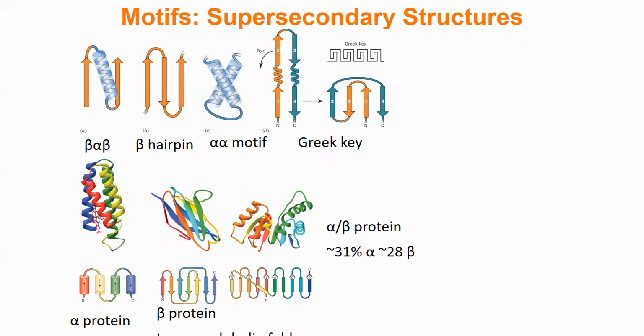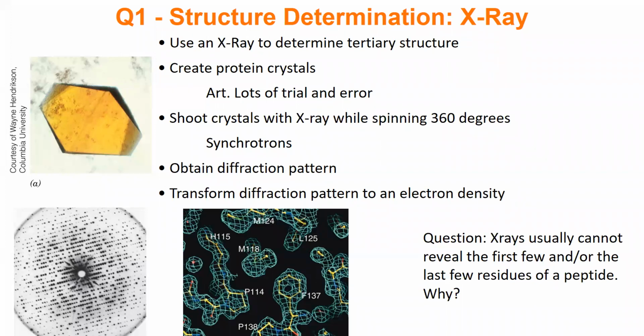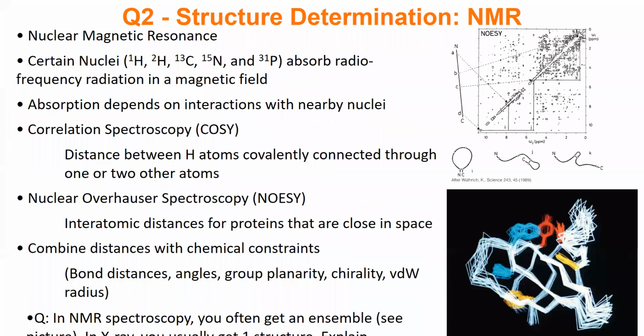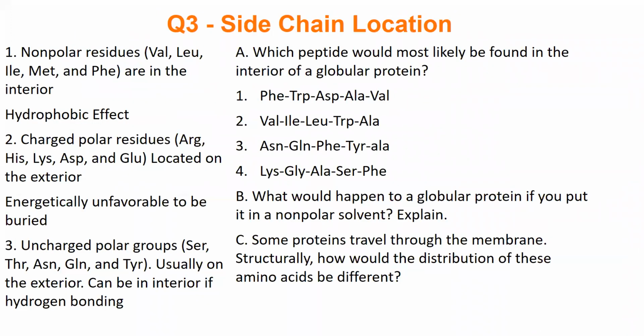Just a reminder of what we've been talking about. We've been looking at protein structure, and on Friday, we were talking about different experimental techniques to look at protein structure, so X-ray crystallography, NMR, and Cryo-EM. And then we were talking about in a folded globular protein, where can you expect to find different types of amino acids?